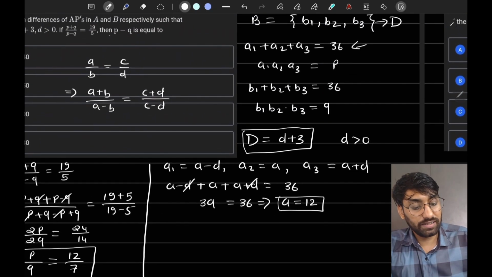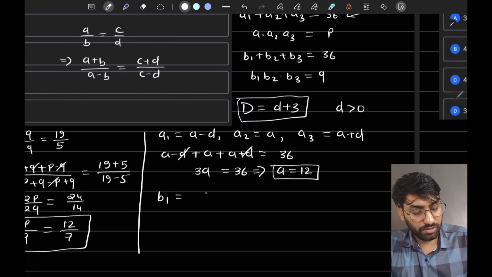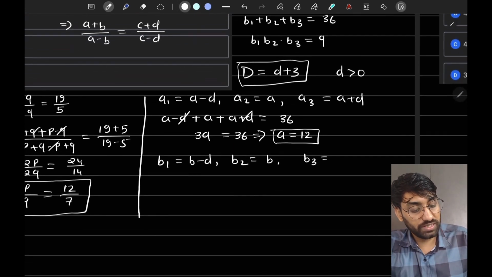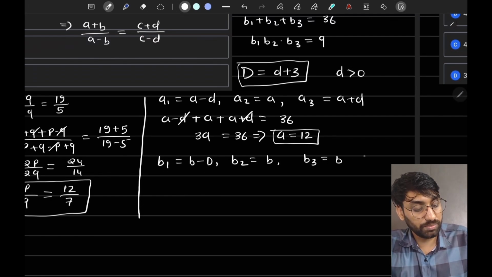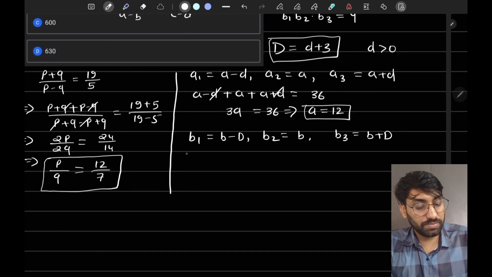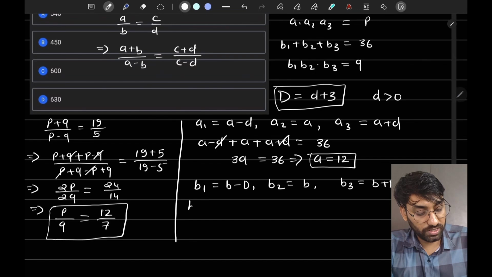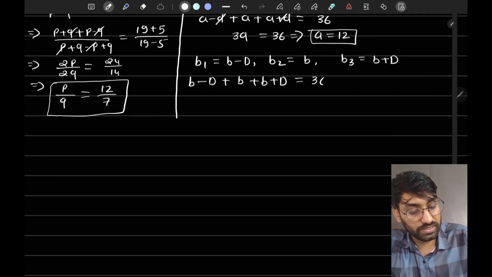Similarly for the B series also they are saying that B1 plus B2 plus B3 equal to 36. So I will assume that B1 equal to b minus D, B2 equal to b, and B3 equal to b plus D. Here capital D we are using, so I will use capital D only. Since B1 plus B2 plus B3 is again 36, b minus D plus b plus b plus D equal to 36. D again gone.